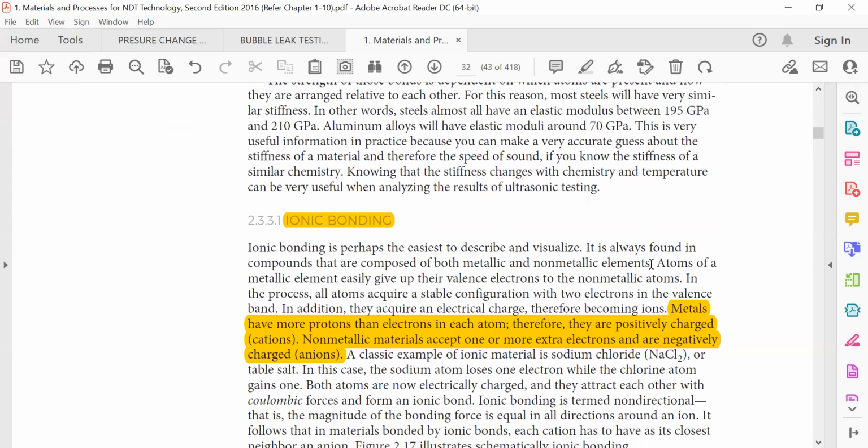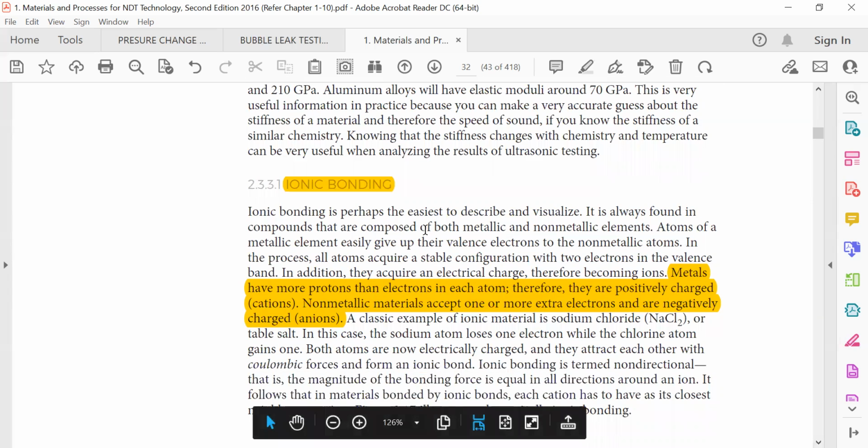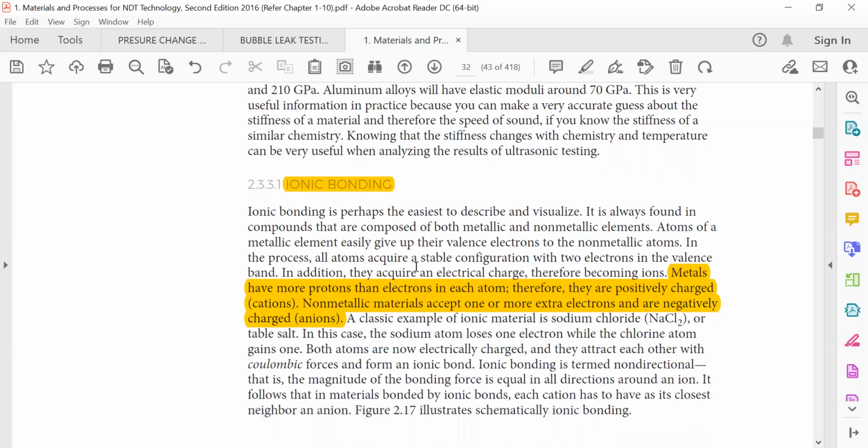That is NaCl, simple salt, eating salt or table salt: sodium with chlorine.